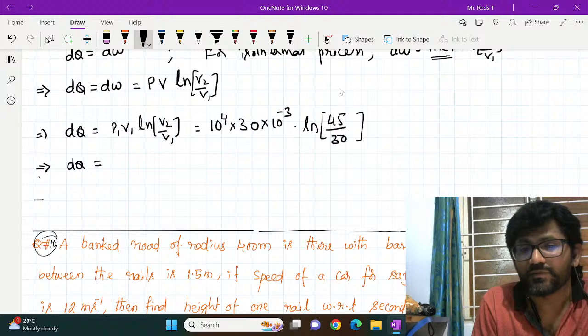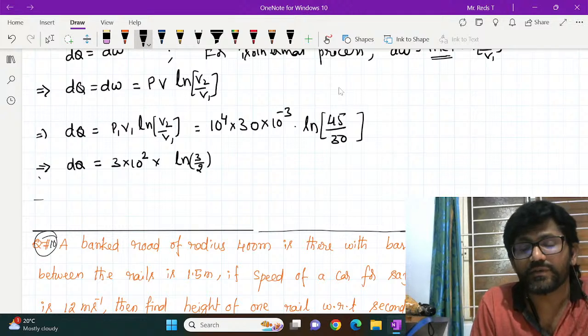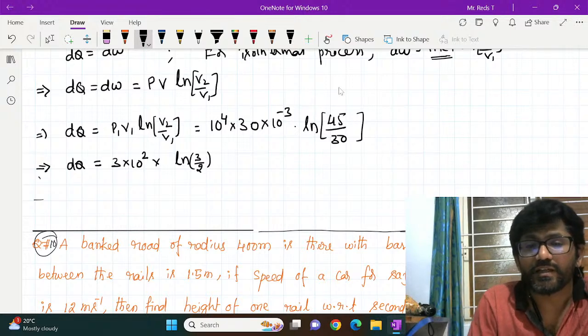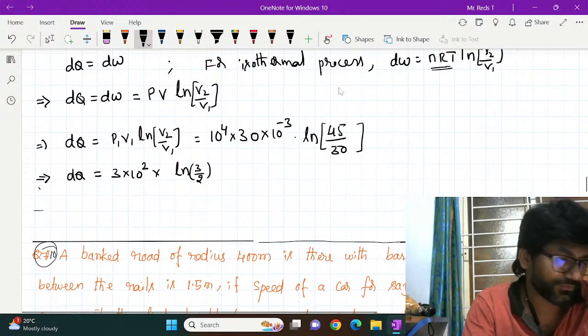So 3 into 10 power 5 minus 3 becomes 3 into 10 power 2, into ln of 3 by 2, which is 1.5. The value of ln 1.5 is given in the question. It is equal to 0.4.